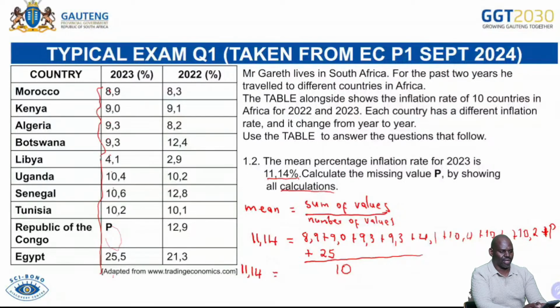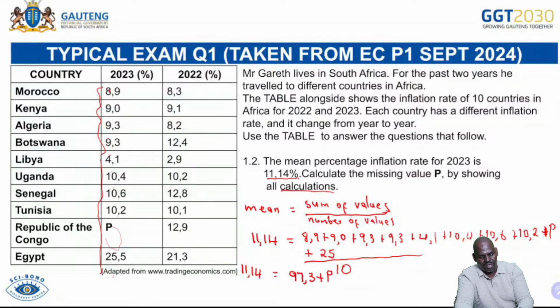Then I'm getting 97.3. So I've got 11.14 equals 97.3, and then I still have plus P, and it's everything still over 10.